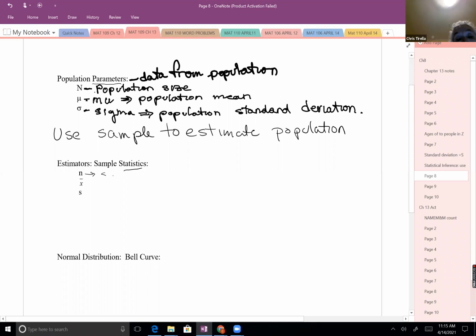Lowercase n is the sample size. This X with a line over it is called X bar, and that's the sample mean. And S is the sample standard deviation.